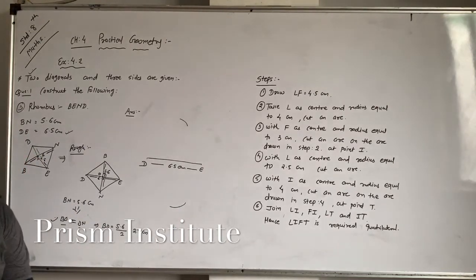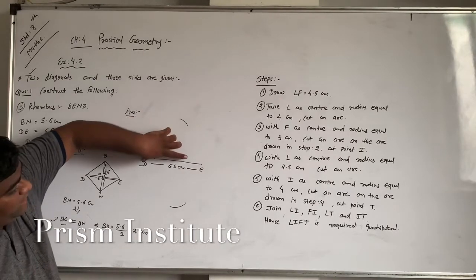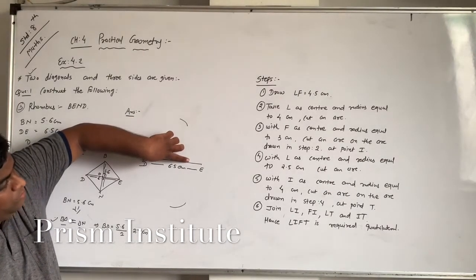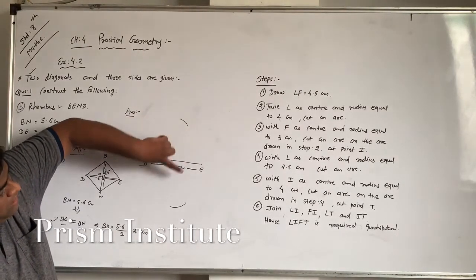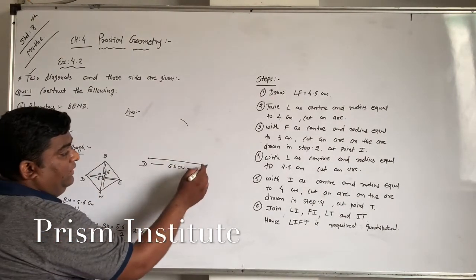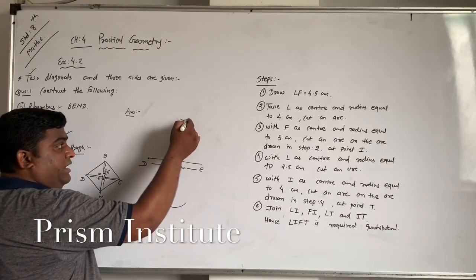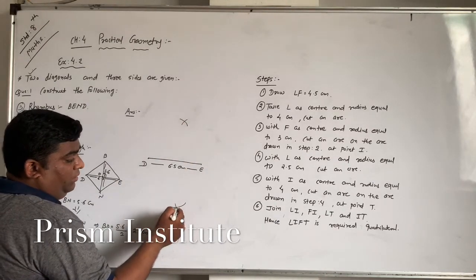Now do this process from the point E. Take E as a center and take the same radius, and draw one arc here and one arc here.